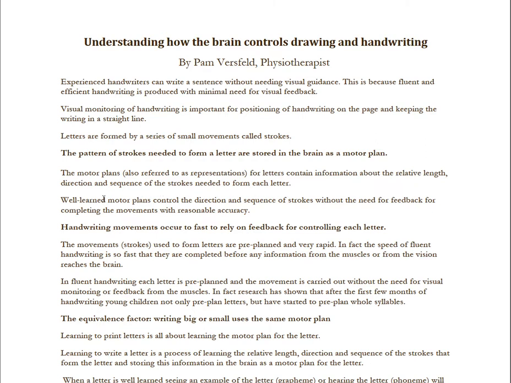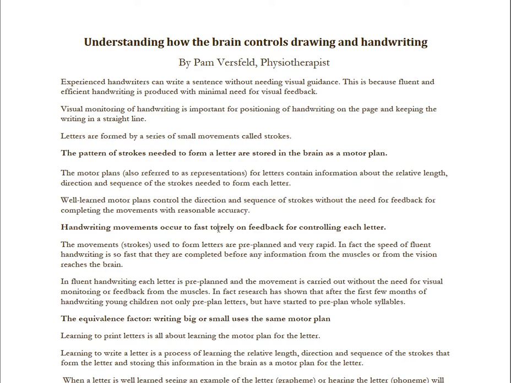Well learned, let me emphasize that. Well learned. We call it overlearning sometimes. This is where drill comes in. Well-learned motor plans control the direction and sequence of strokes without the need for feedback for completing the movements with reasonable accuracy.